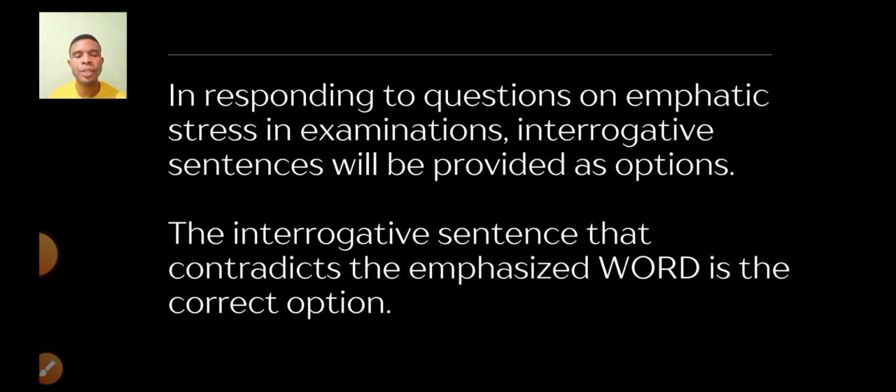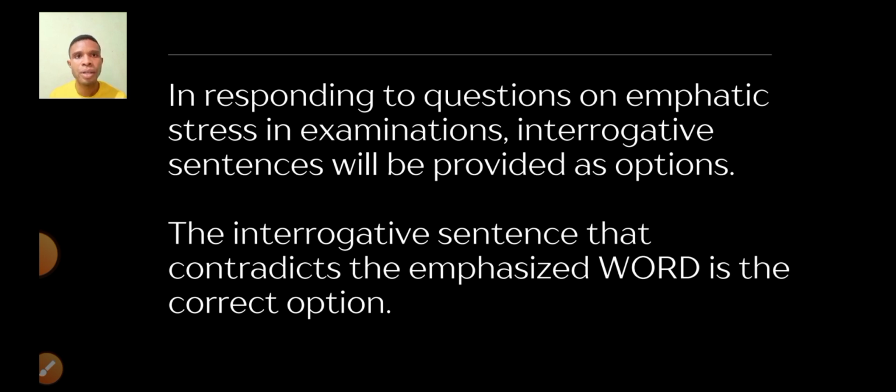Now, this is what it means. A sentence will be given. One of the words will be stressed. Then you'll be given 4 options, A to D. These options are interrogative sentences or questions. So your answer is going to be one of these questions or one of these interrogative sentences from letter A to D.